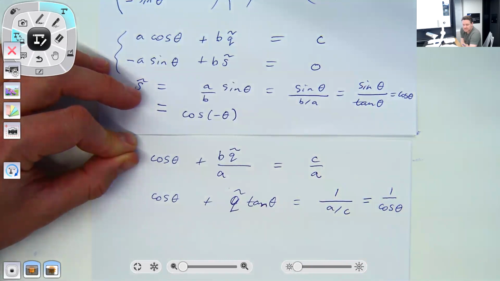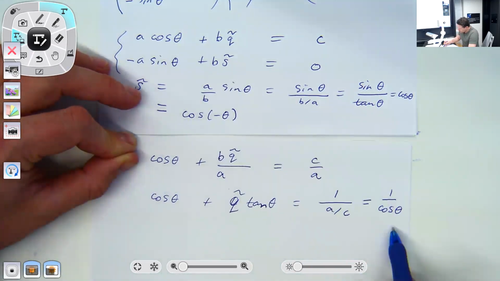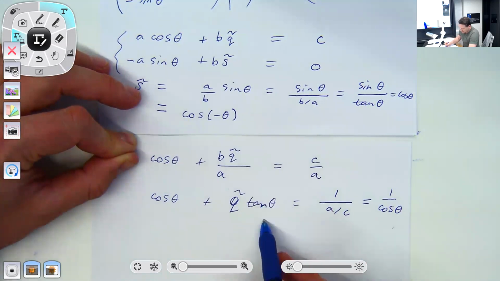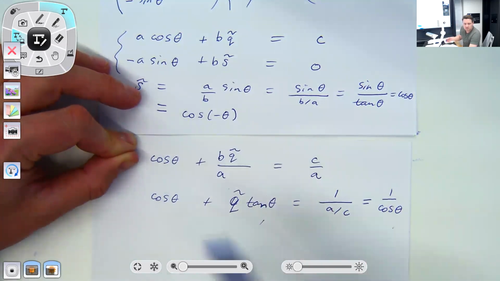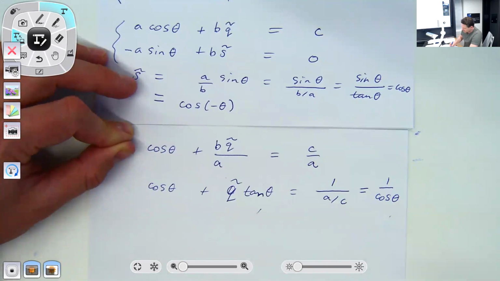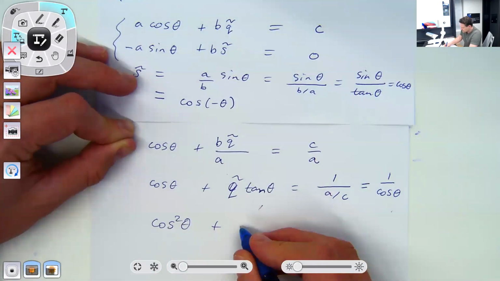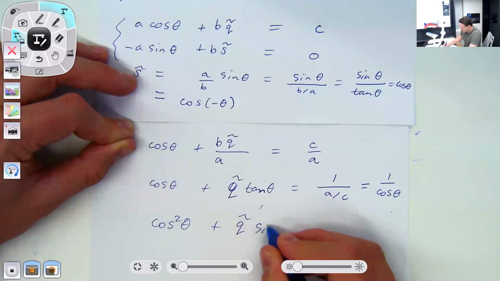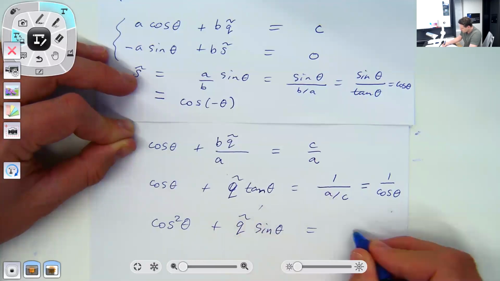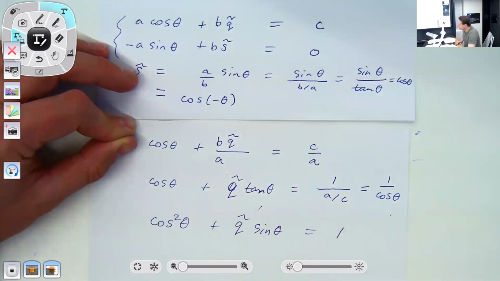Okay, so now in the next step, we see we've got 1 over cos here, we've got sine over cos here, and so let's multiply throughout by cos of theta. And so what we get is cos squared theta plus q tilde sine theta is equal to 1.